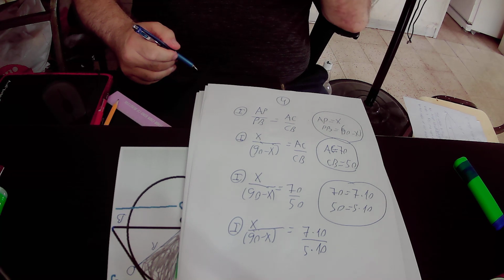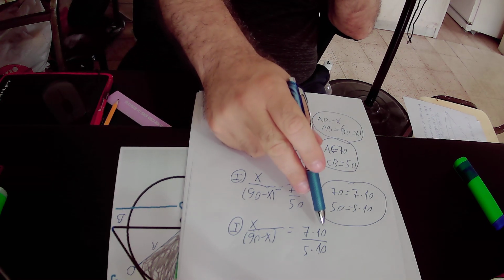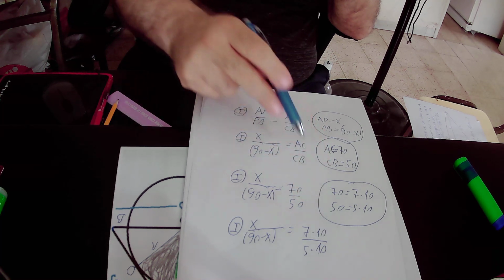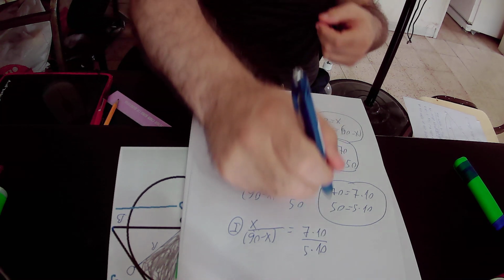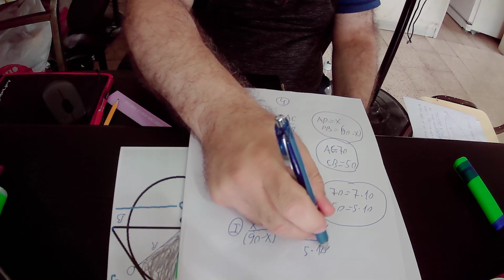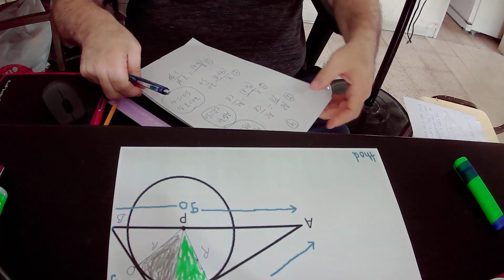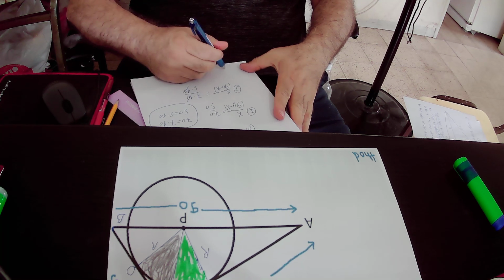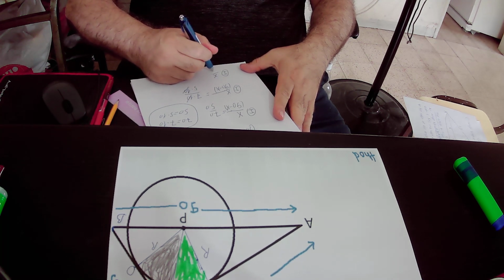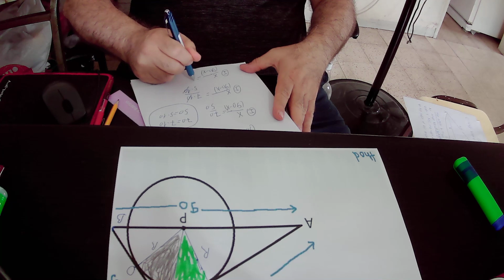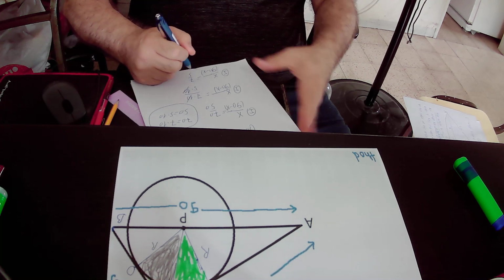Now we have 10 in the numerator and also 10 in the denominator, so we can cancel 10. We will write it again. So x over 90 minus x equals 7 over 5.